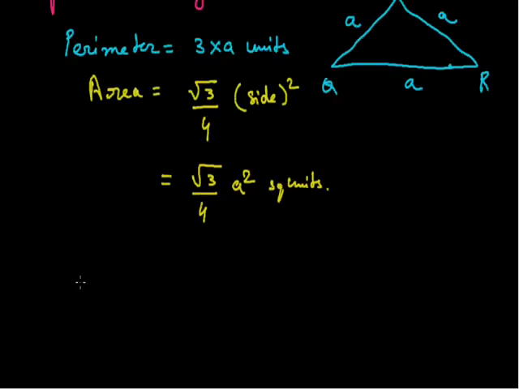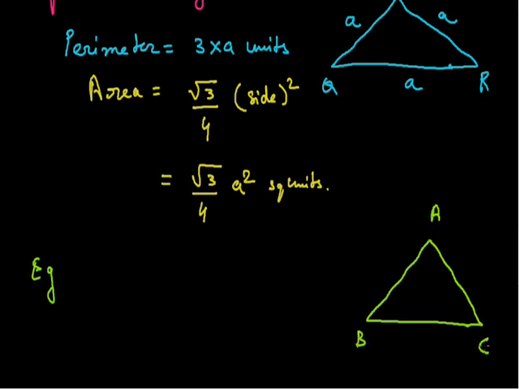Now let us see an example. We are given a triangle ABC, which is an isosceles triangle with AB equal to AC equal to 7.5 centimeter, and BC, the remaining side, is 9 centimeter.